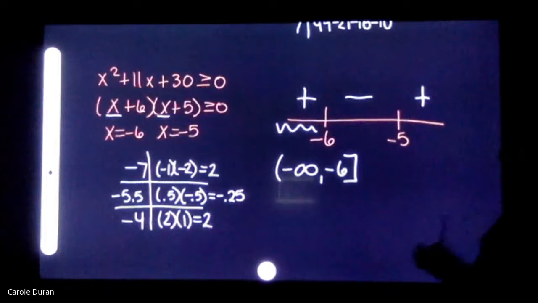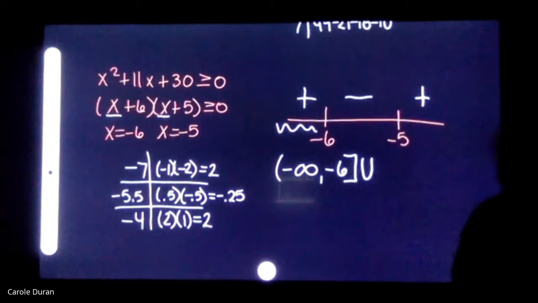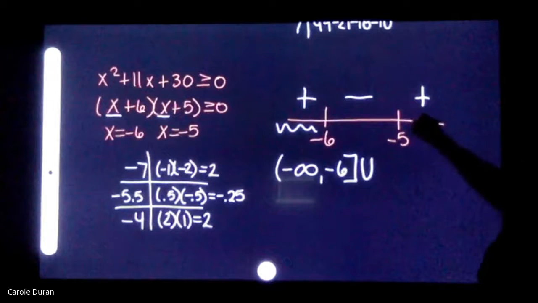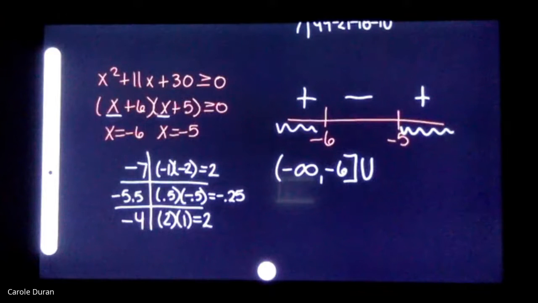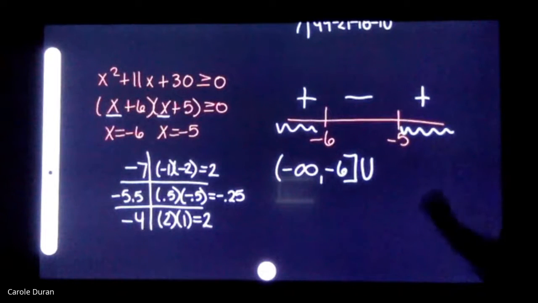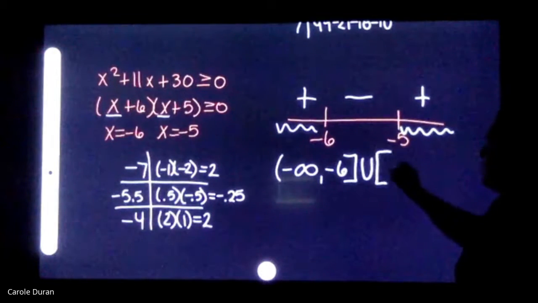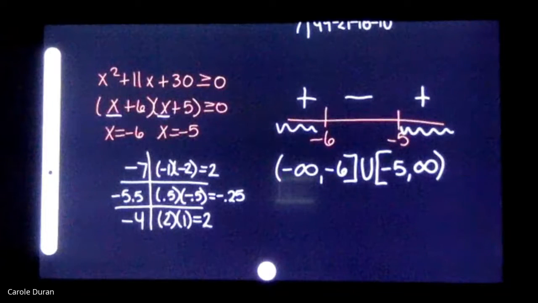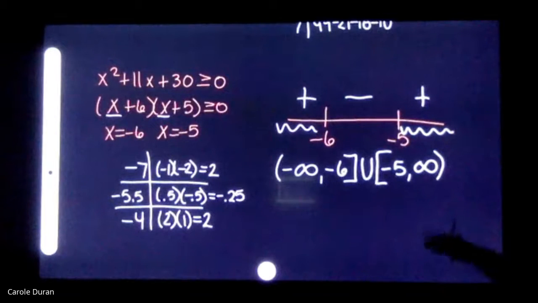If we have more than one interval, we put a U between them, which means the union of. And then the next interval that gave me positive values was everything to the right of -5, which we say is -5 to infinity, where -5 gets a hard bracket and infinity gets a parenthesis. And then we are done.